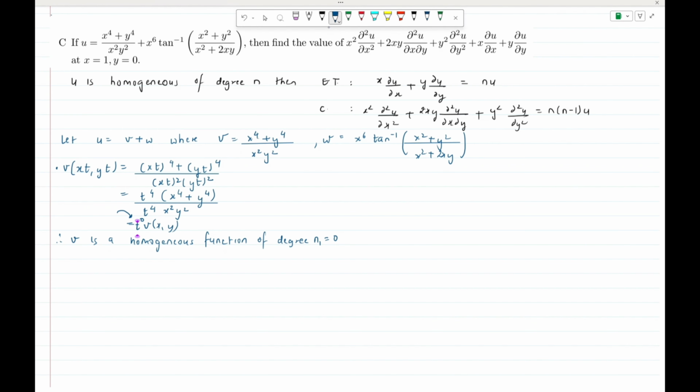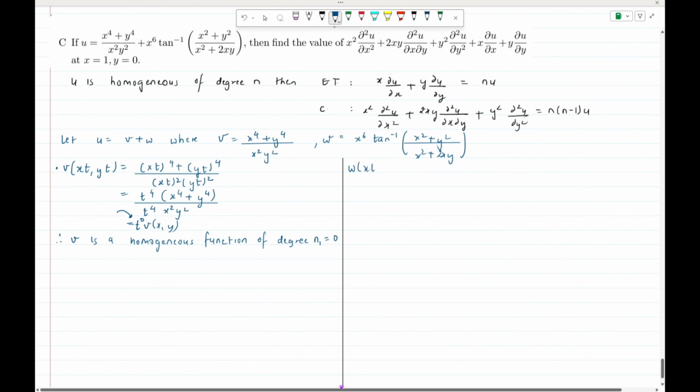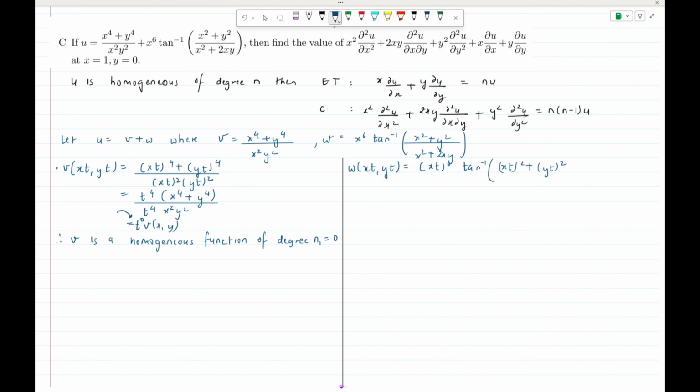And likewise, let us talk about the homogeneity of w. In the same way, we take w of xt comma yt. This is going to be xt whole raised to 6 into tan inverse of xt whole square plus yt whole square, and in the denominator xt whole square plus 2 into xt into yt.